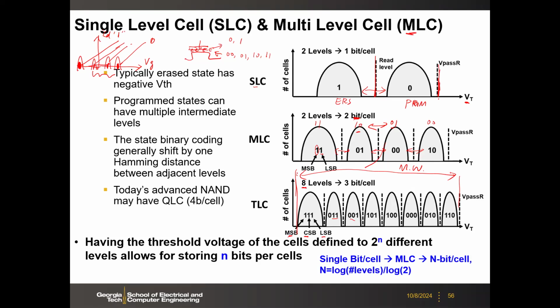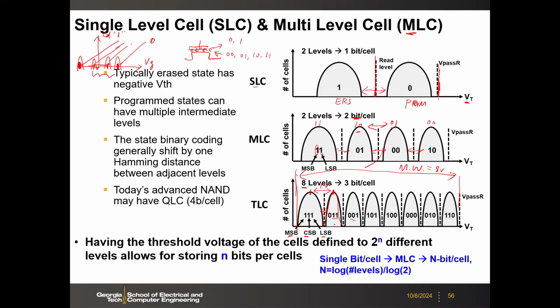So you need to insert 8 levels in between. That means from, let's say, peak to peak, only 1 volt distance, right? If this is 8 volts, then from here to here, roughly speaking, you only have 1 volt margin. But then you have to account for the tail of this distribution. So then the tail, the gap, becomes very small.